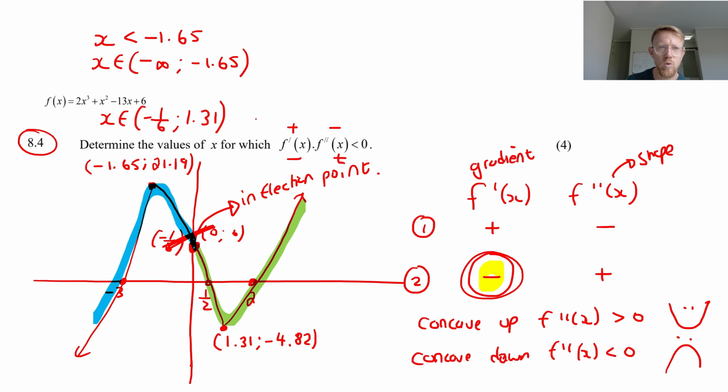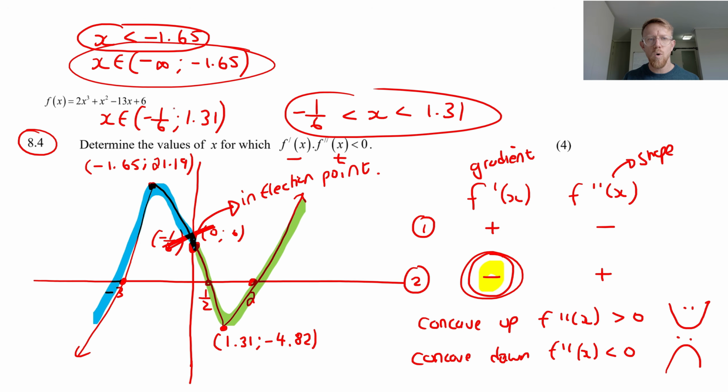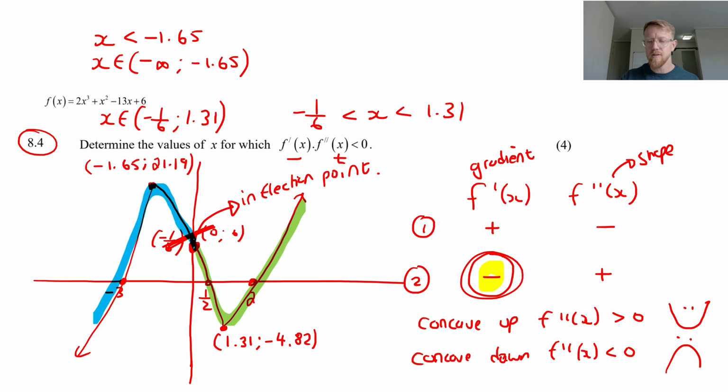And so if you wanted to write this in set builder notation, you would say x is bigger than negative 1 over 6, but smaller than 1.31. So the two answers that you need to give, if you do set builder notation, you're going to say this or this. And if you do interval notation, you are going to say this or this. So you just choose the way that you like to write your answers.